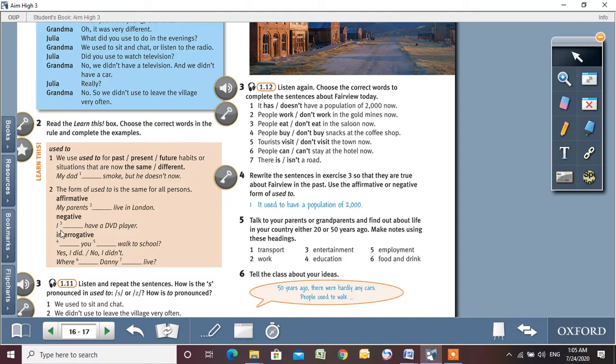The negative, I didn't use to have a DVD player. Interrogative, did you use to walk to school? Yes, I did, or no, I didn't. These are short answers. And for WH questions, where did Danny use to live?